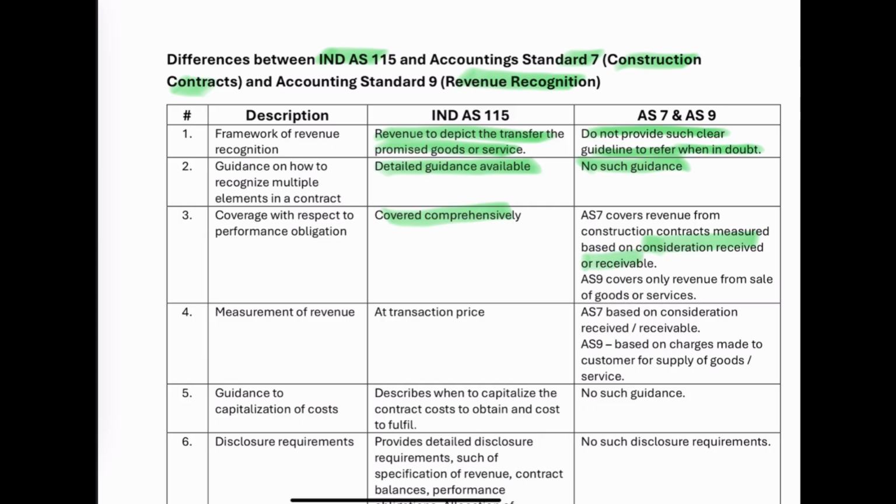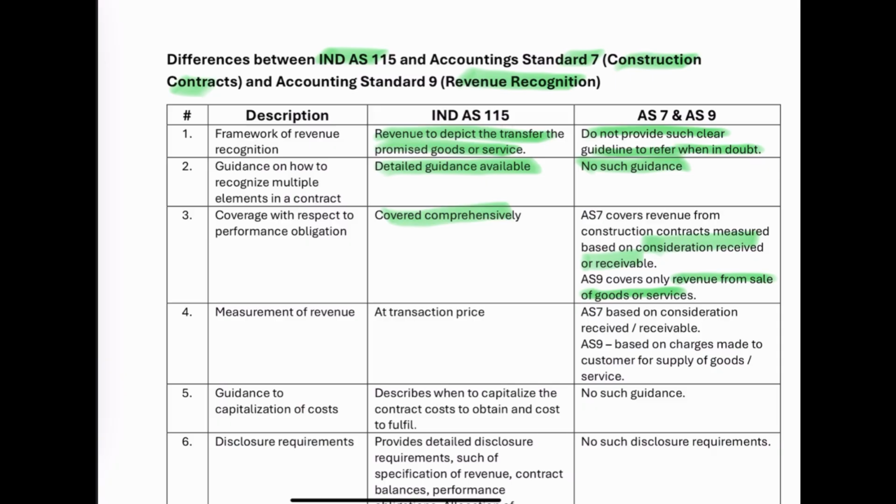So revenue is recognized based on the consideration received or receivable. Probably there could be a link between consideration receivable and performance obligation, but that is not very well addressed in accounting standard 7. And accounting standard 9 covers only the general revenue from sale of goods and services.